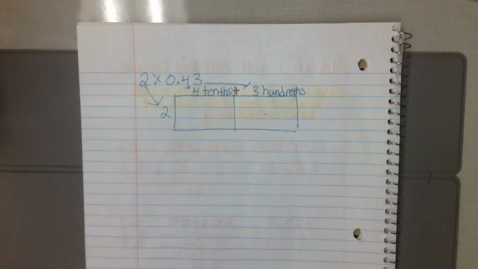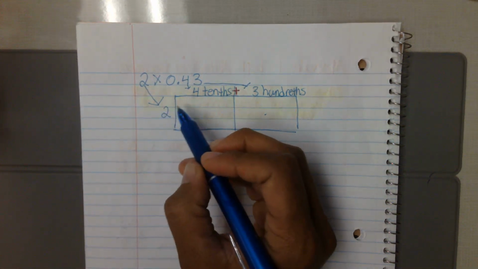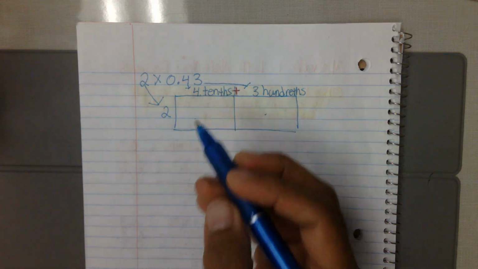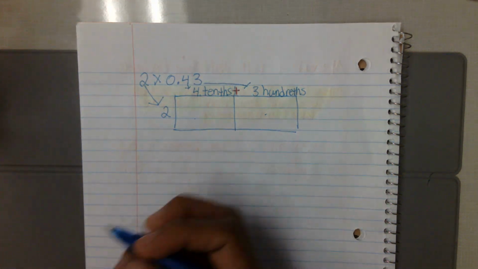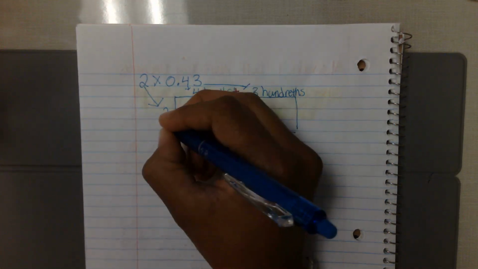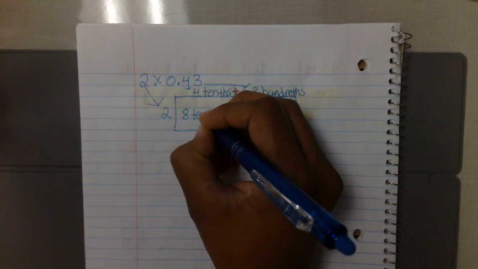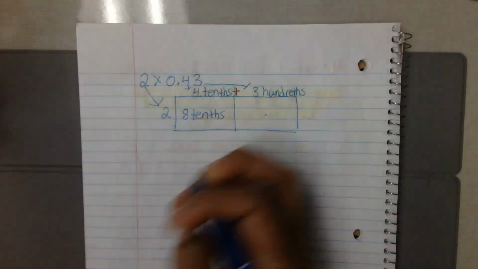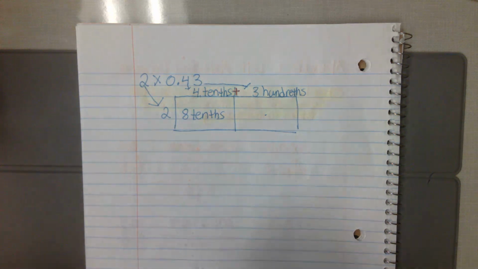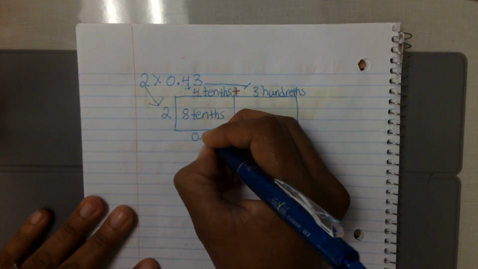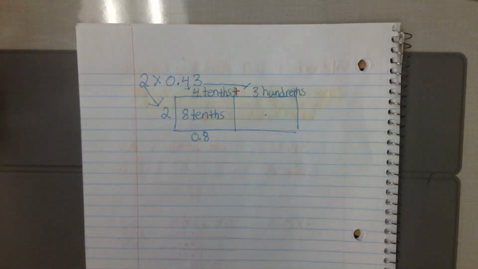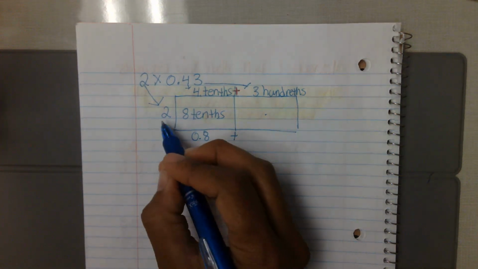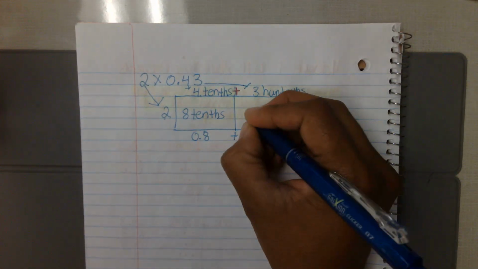So now we're just going to do our multiplication. Well, what is 2 times 4/10? Well, if I had two groups of 4/10, I would have 8. 2 times 4 is 8, and I would have 8/10. And then I have to think, well, what does 8/10 look like as a number? That is 0.8. Okay, then I have my plus sign here. And what is 2 times 3? Well, 2 times 3 is 6.